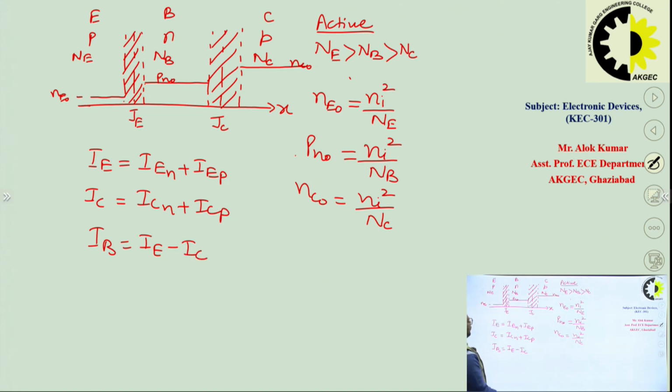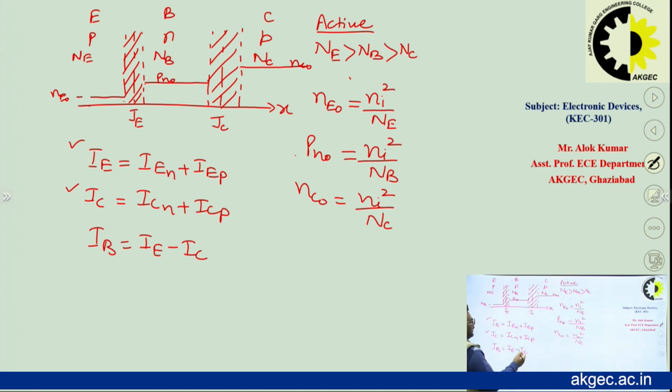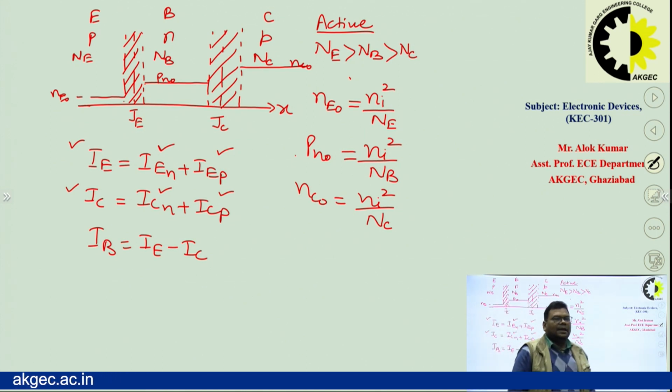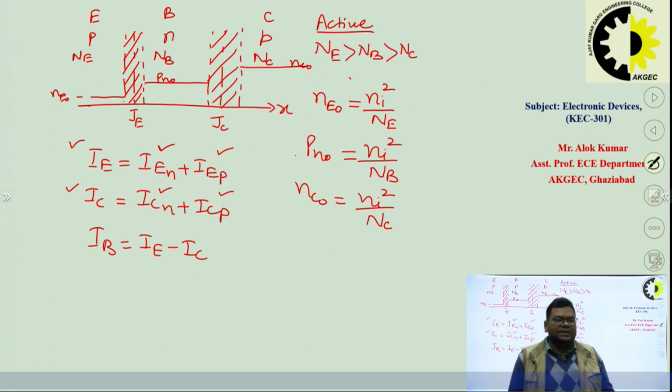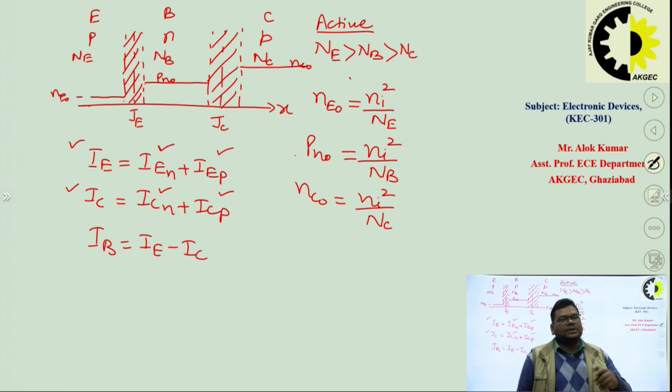Before starting the Ebers Moll model, we will try to find the expressions of IE and IC. For that, we will find the expressions for IEP and IEN, and similarly for ICP and ICN. Then we can write the final expressions of the IE and IC currents, and these equations will be very helpful when we discuss the Ebers Moll model.